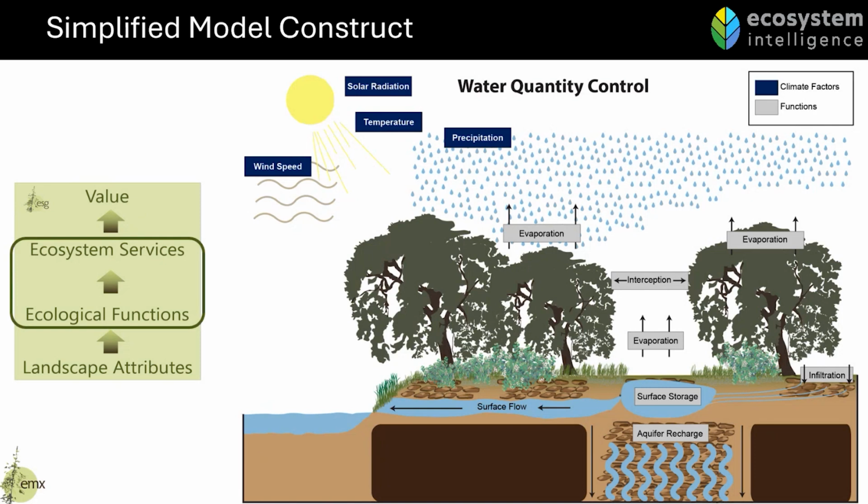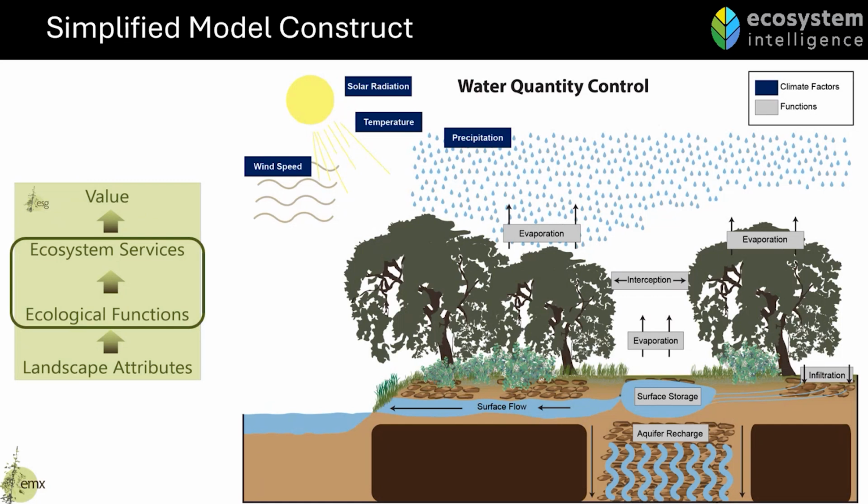We have all of these attributes on the landscape, plus we have climate factors, and that's something that I didn't mention as an attribute, but the average rainfall that you get in a given location, the amount of solar radiation, the average temperatures, the growing season, all of those are also factors that are going to determine how ecological functions are performed and services are provided. And this is just showing the water quantity control, which is just another way of saying stormwater management.